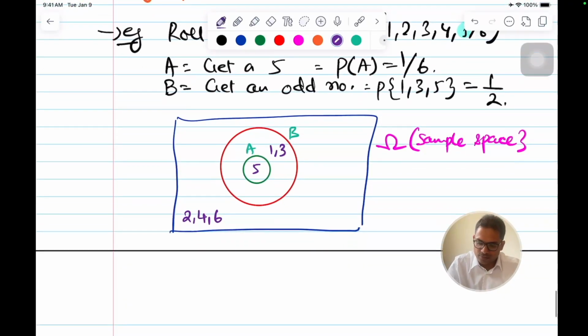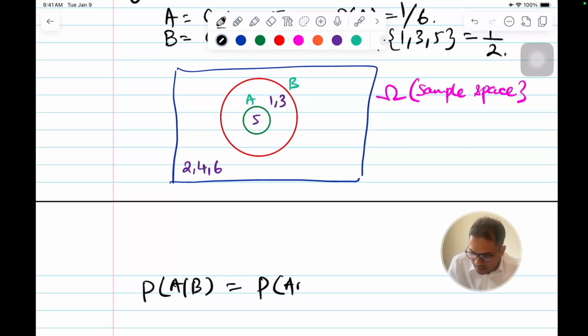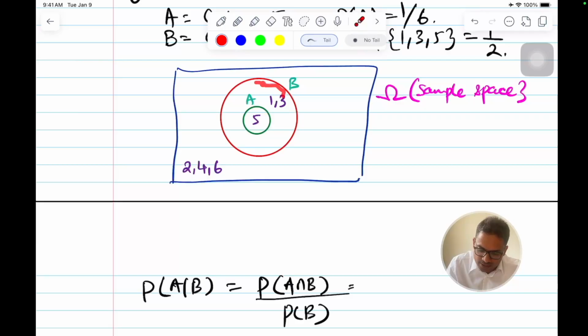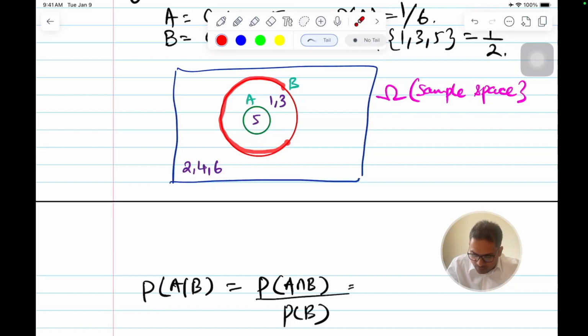So now let's put it in the formula. This is what is there on your screen. P of A given B is equal to P of A and B over P of B. Now since B has happened, this is our only world. Earlier our sample space was the whole thing, and the probability of getting 5 was 1 by 6. But after new information is revealed that the number is odd, our sample space has decreased.